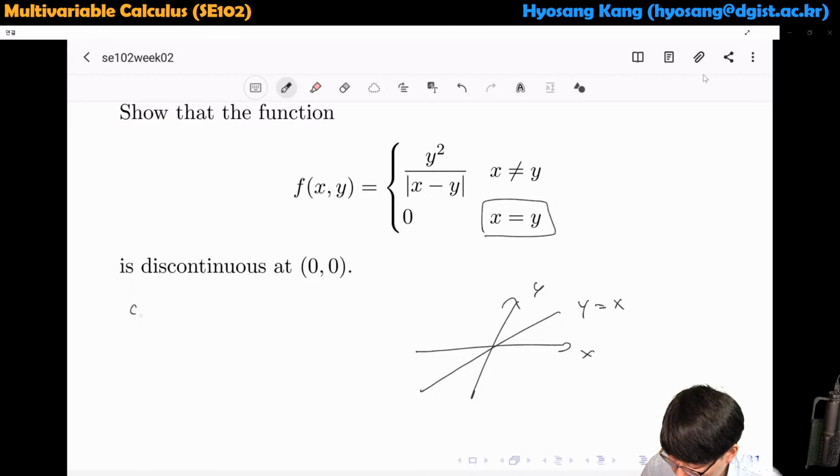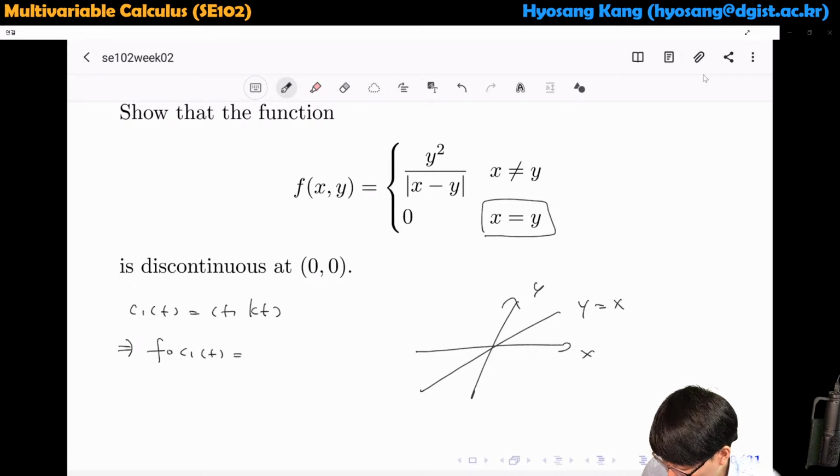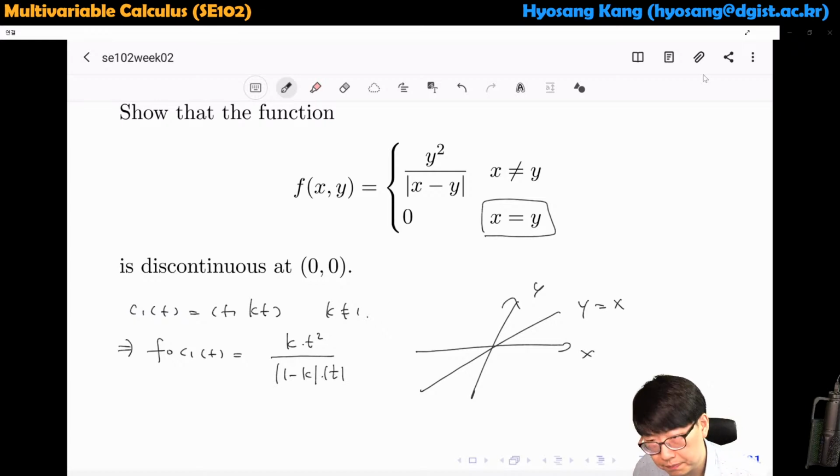However, if I take C1(t) as (t, 2t), for example, or in general (t, kt), then if I compose with C1(t), this is nothing but, when k is not equal to 1, k times t squared over 1 minus k absolute value times absolute value of t.